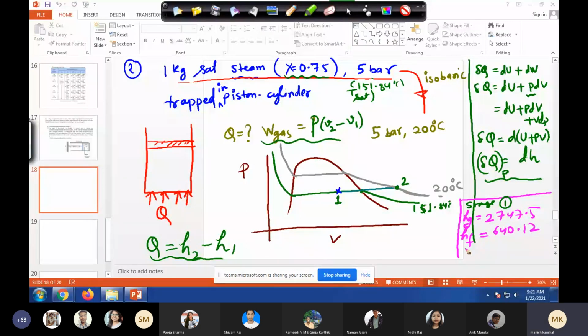So we quickly calculate H2. H2 will be nothing but Hg x plus Hf (1 minus x). Just quickly calculate and tell me. Sorry, this is H1, not H2. H1.